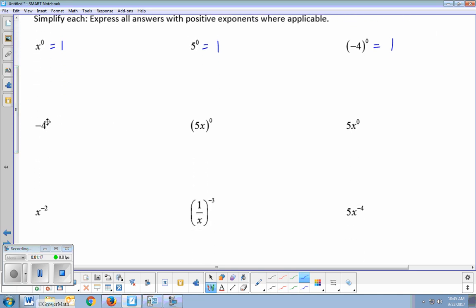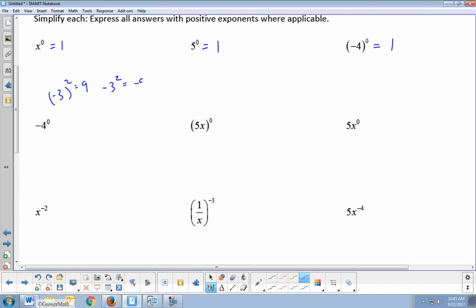When we get into negatives, this is where it's a little strange, because you remember the difference between negative 3 in parentheses squared, which is positive 9, and negative 3 without parentheses squared, which is negative 9. It's because the base doesn't know that the negative is attached or not.